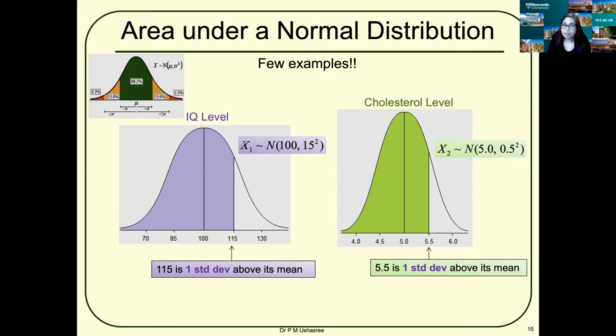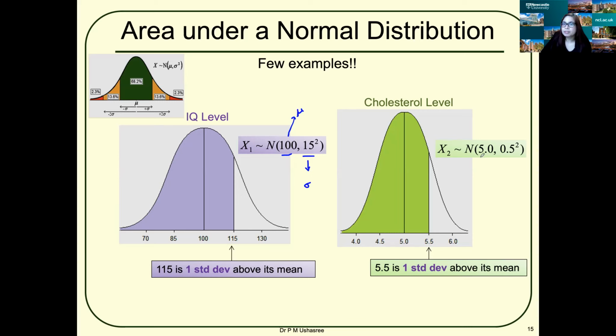If I pick a random variable X, it will follow a normal distribution with a mean of 100 and variance sigma squared. So 100 is the mean for this example, and sigma is equal to 15.